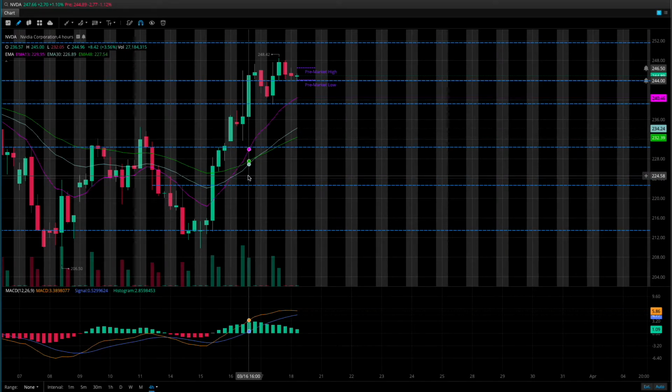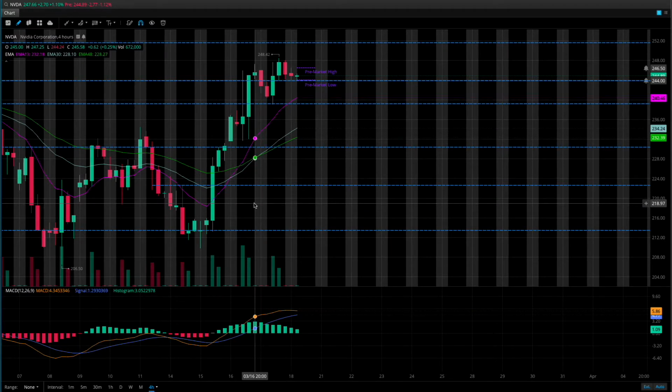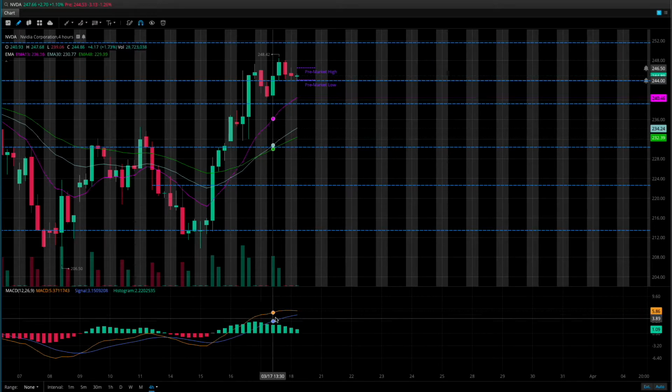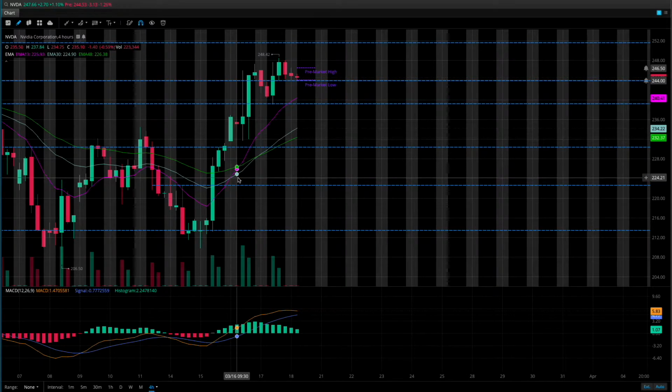Now, when I say it's a bullish stack, it is when the 13 EMA is above the 30 and the 30 is above the 48, which means calls are the move. And that should coincide with the MACD below showing bullish, meaning that the yellow line is above the blue line on this one, right? And that the histogram is green, which shows bullish movement. So it all coincides, right?